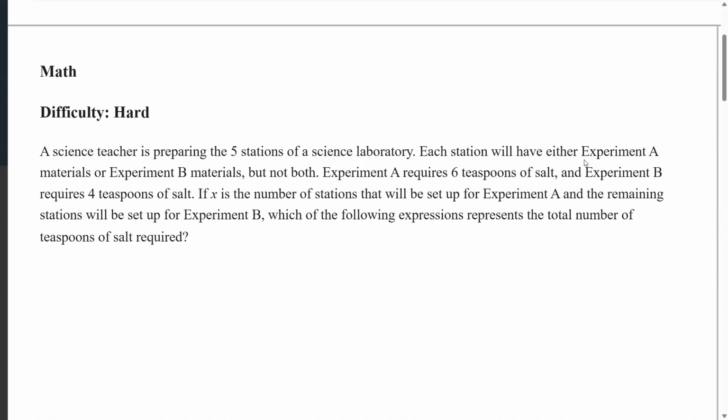Each station will have either experiment A or B materials, not both. A requires 6 and B requires 4. X is the number of stations that will be set up for experiment A, and the remaining stations will be set up for experiment B. Which of the following expressions represent the total number of teaspoons of salt required?